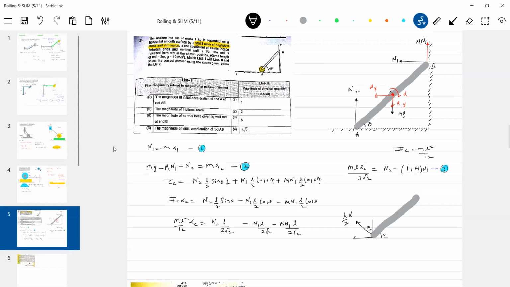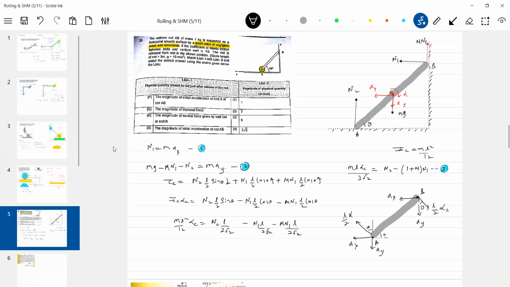This is theta. So here ax and ay. This is the point A. Similarly, at point B, it should have tangential acceleration L by 2 alpha. Alpha only we wrote it. This is ax, this is ay. This should be theta.